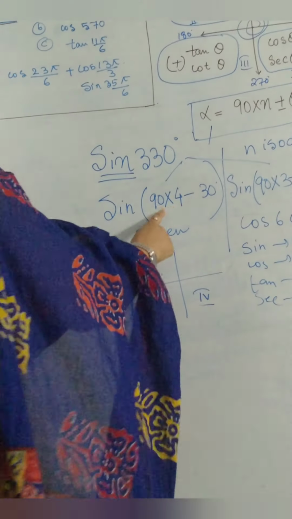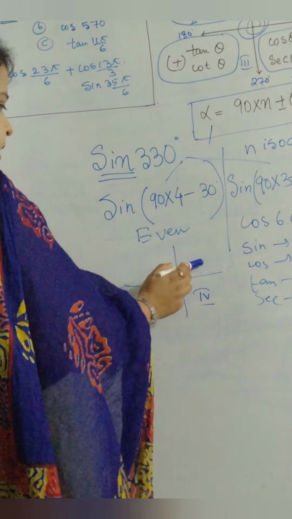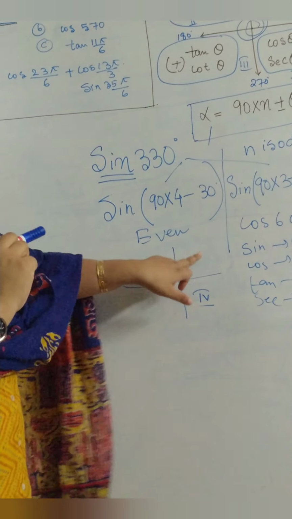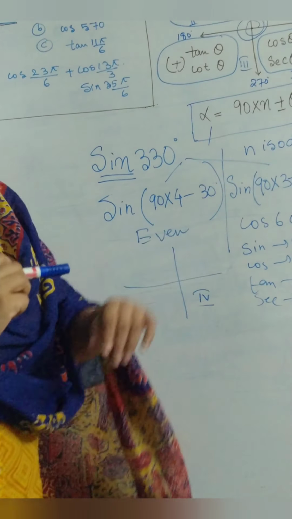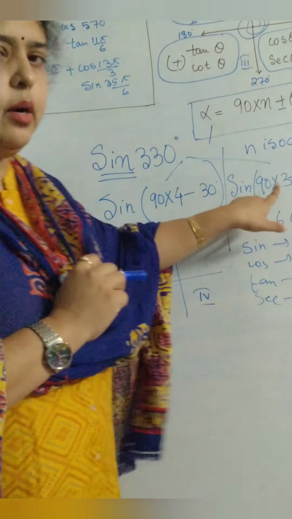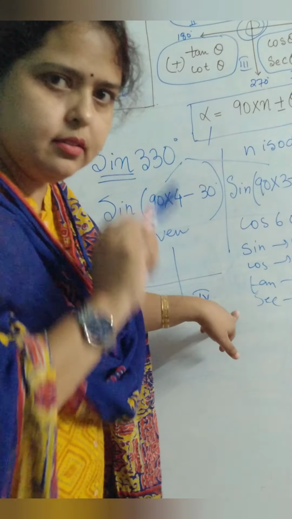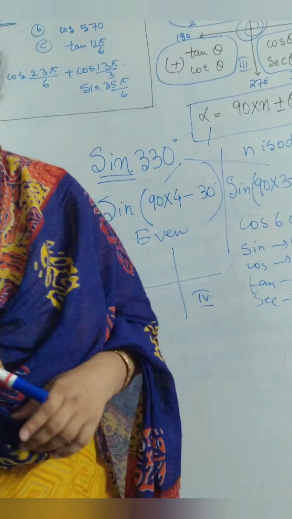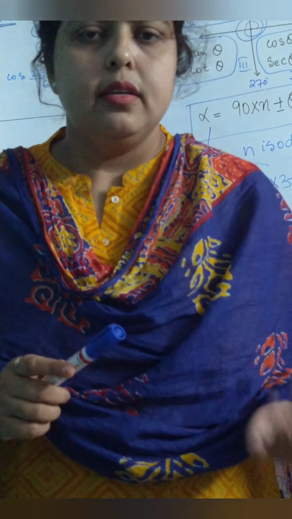Correct, children? 90 into 4 is one complete rotation, that is 90, 90, 90, 90, minus 90. Again, 90, 90, 90, 90, again back to the fourth. Here, 90, 90, 90, 90, 90, 90 plus 60 degree. Understood? If it is okay with you, you can calculate in which quadrant it is. Otherwise, say you are writing 720 plus something.